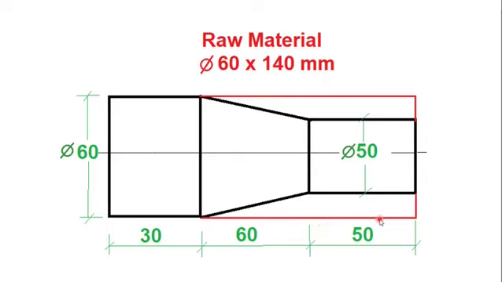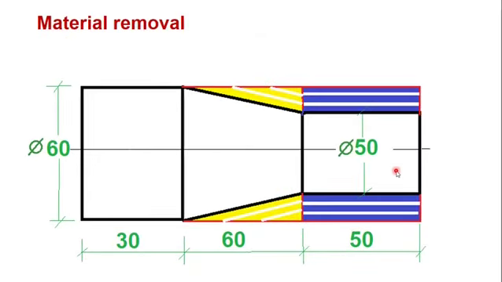Now we have to do a turning operation on this raw material of dia 60 into 140 and achieve this shape. So what operations do we have to do? Mainly two operations. One, you can see in the blue color, we have to remove this material.